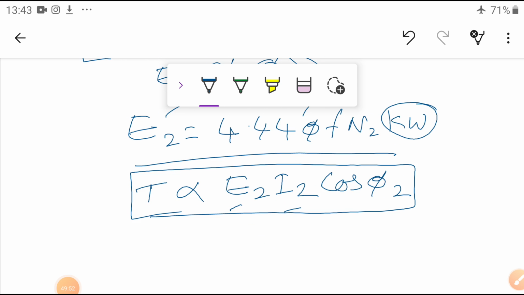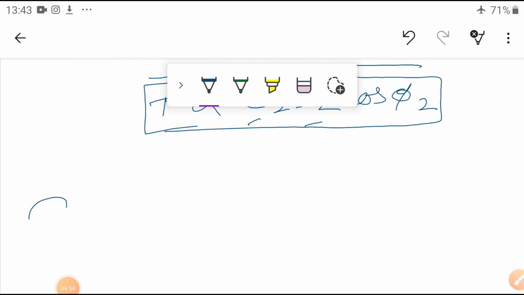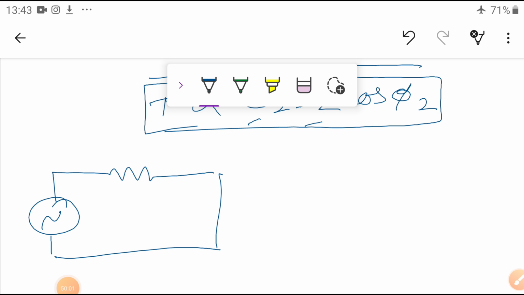Okay, now write the same equivalent circuit diagram. This is the stator, this is the rotor parameters, this is the short circuit. This is Z1, this is ER. Now you know that under running condition, ER is equal to S into E2.